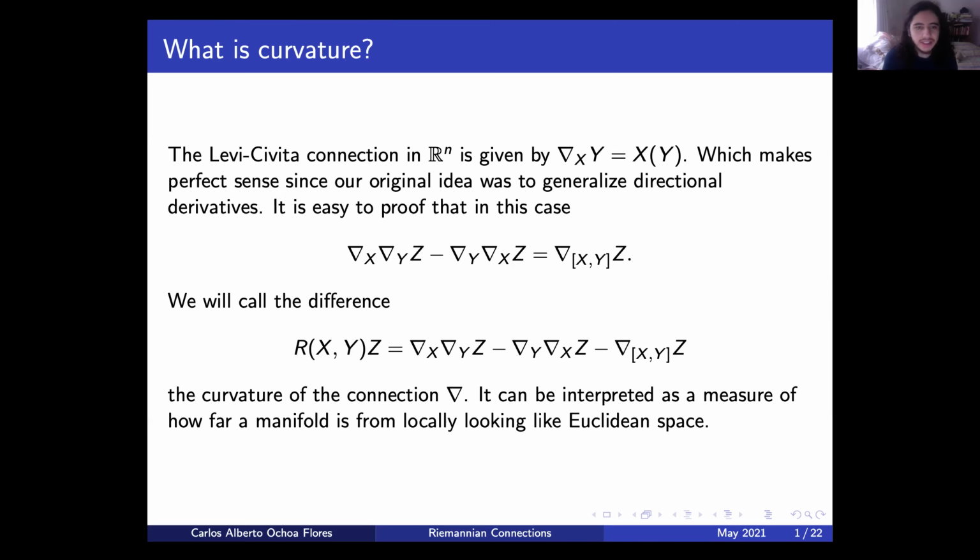In Rn, the Levi-Civita connection is given simply by differentiating a vector in the direction of another vector, which makes perfect sense since this was exactly what we were looking to generalize originally. And in this case, it is easy to prove that this identity holds.